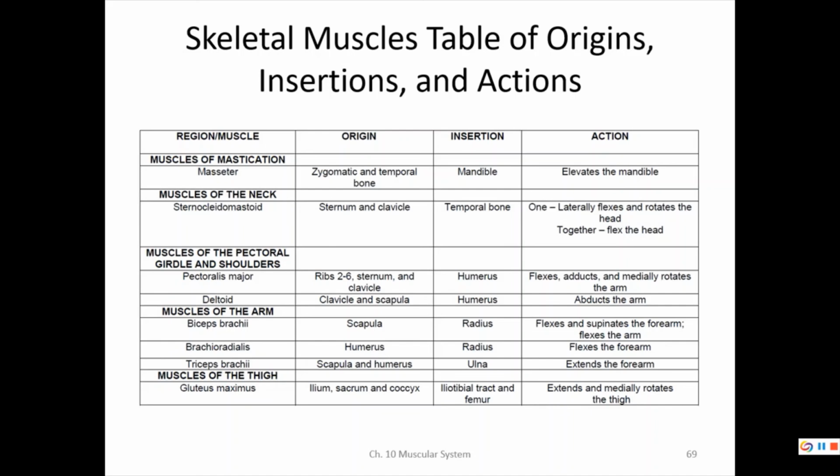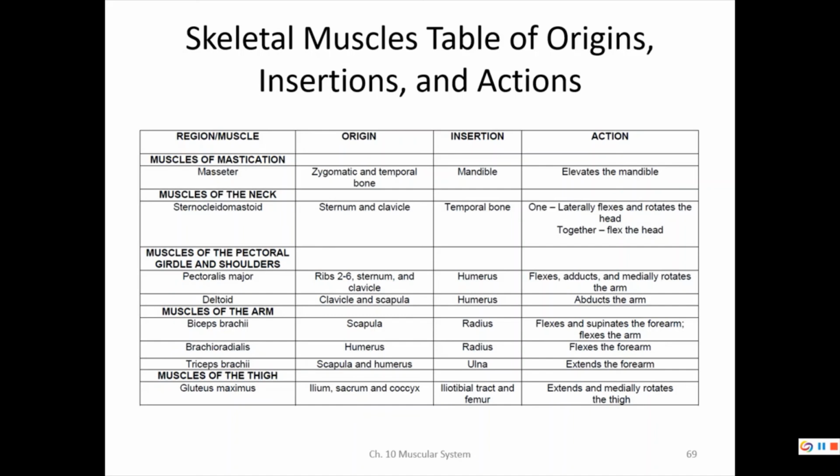Make flashcards with the name of the muscle on one side, and the origin, insertion, action on the other side. When you see the name of the muscle, say, okay, origin is blank, insertion is blank, action is blank. Then look and check. If you didn't get it right, set it aside so you can redo it. If you get it right, flip it and put it in another pile.